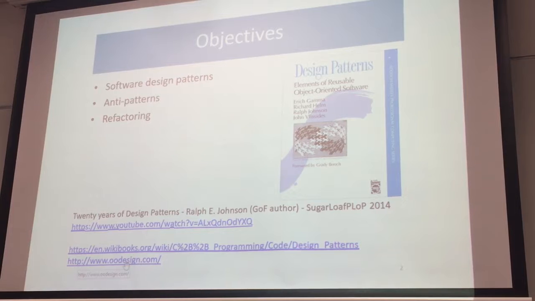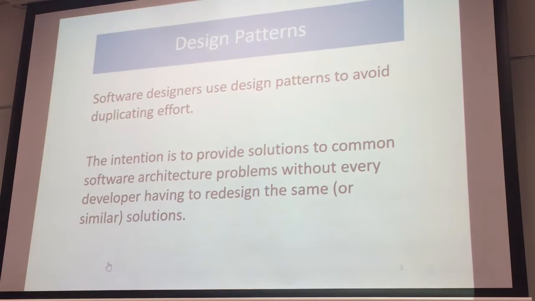A more detailed explanation is on this site, where they provide code examples in C++, in Java, in Python, and in C#, for the same pattern. So there are many things about this. They were good because it avoids effort duplication.